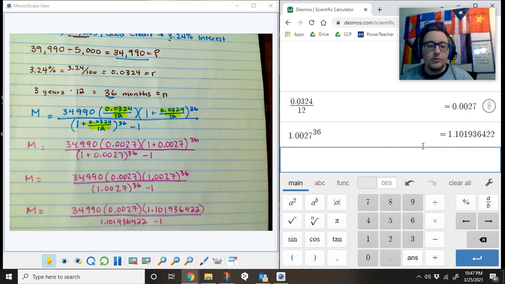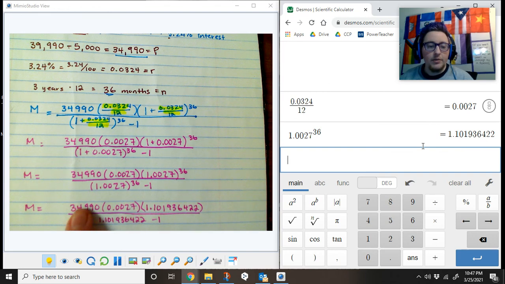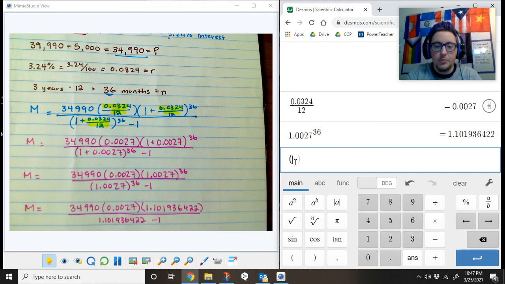So looking at it now, I don't have any exponents left. All I really have is multiplying across the top and then subtracting in the bottom. So I'm actually going to fit all of that into Desmos for my last step. So I'm going to do parentheses and I'm going to put everything across the top. I want to do 34990 times 0.0027 times 1.101936422. So that's the whole top.